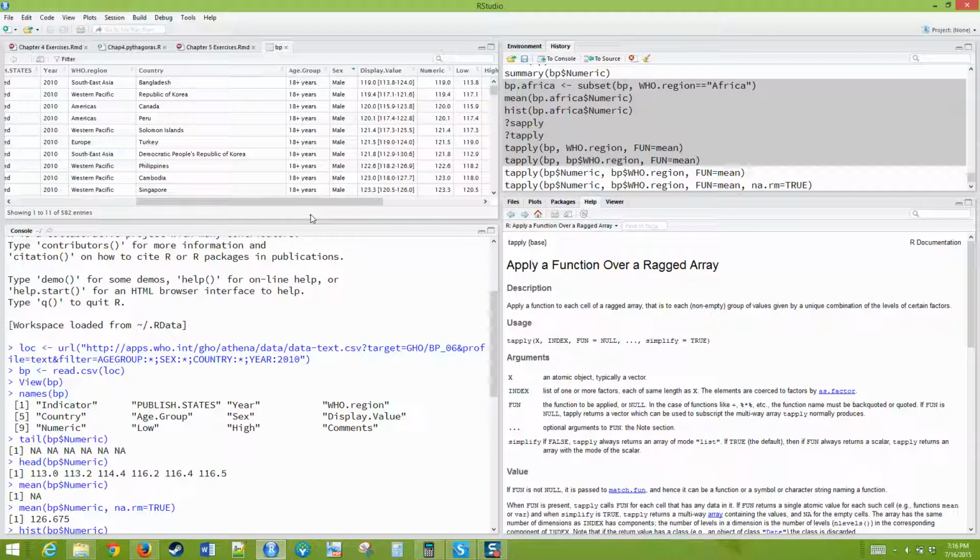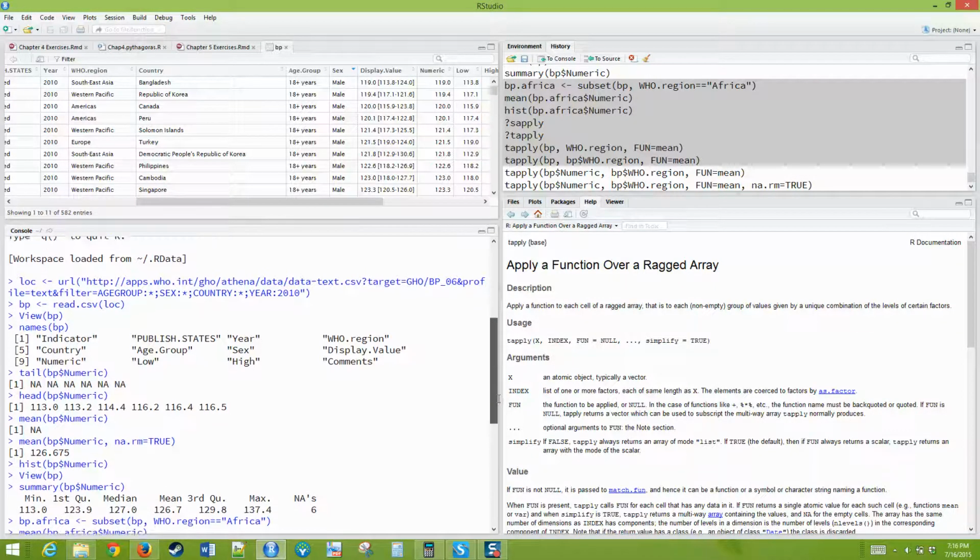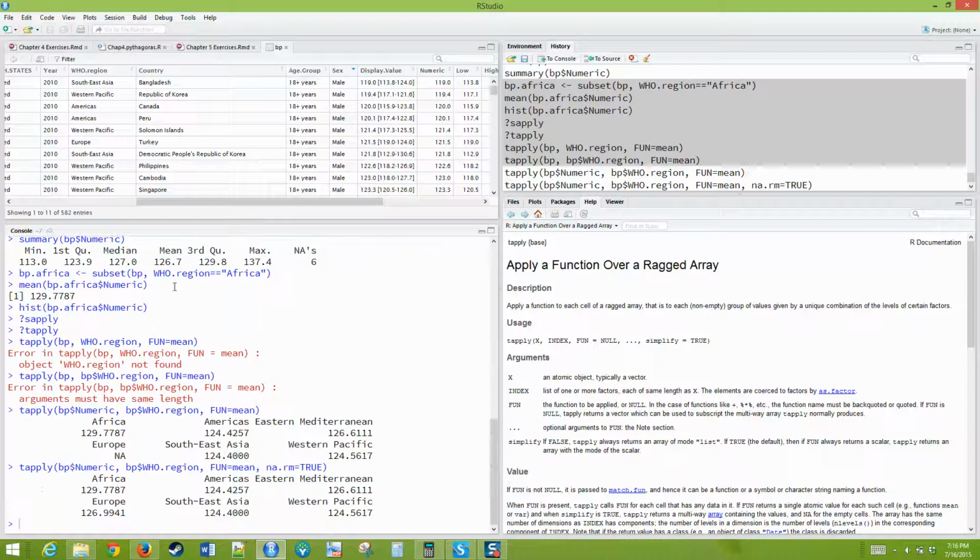No, because I would also put region equals Africa. Oh, yeah, then that's fine. You don't have to use the subset function. There are other ways. You can use bracket notation to pull out just certain things also. There's always multiple ways to do the same thing, and this is just a few examples.